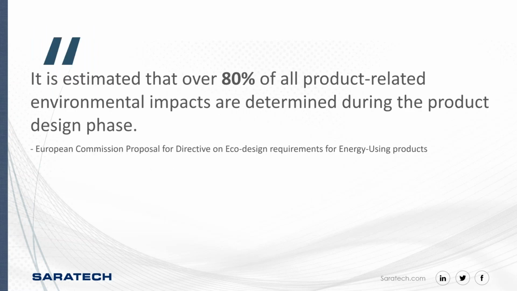Before we jump into the demonstration, I really want to leave you with a quote as we go into this. The European Commission proposal for a Directive on Eco-Design estimated that over 80% of all product-related environmental impacts are determined during the design phase.